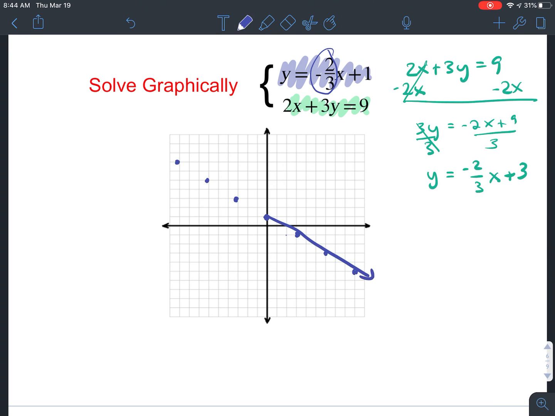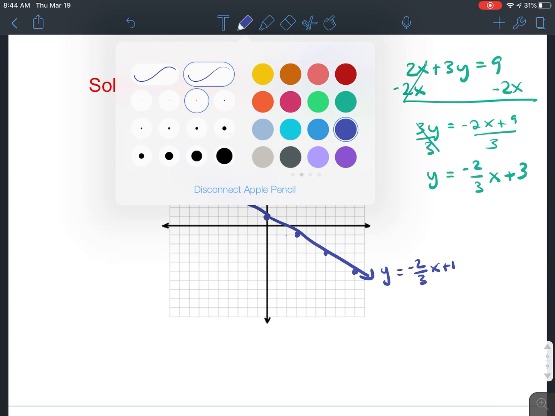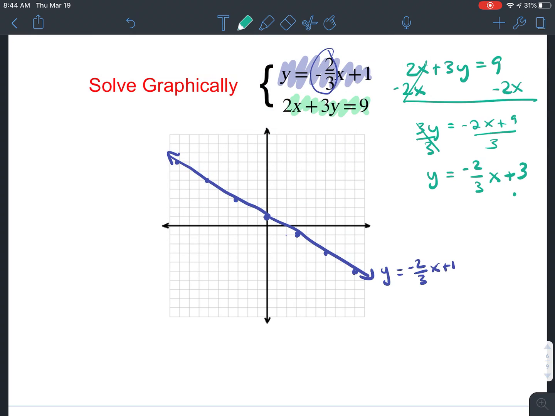And we connect them, and we label y equals negative 2/3 x plus 1. And now for the second line. We have a y-intercept of positive 3 and a slope of down 2 over 3, and up 2 over 3 on the other side.